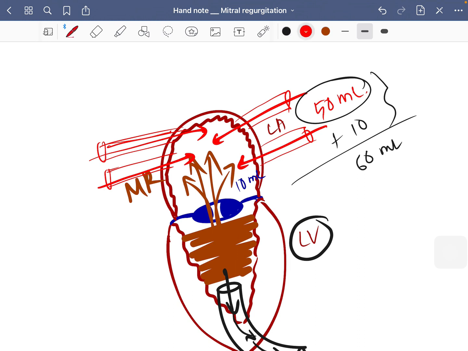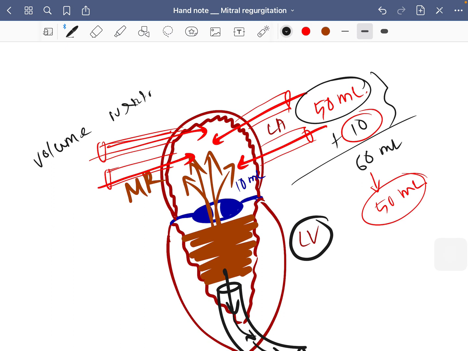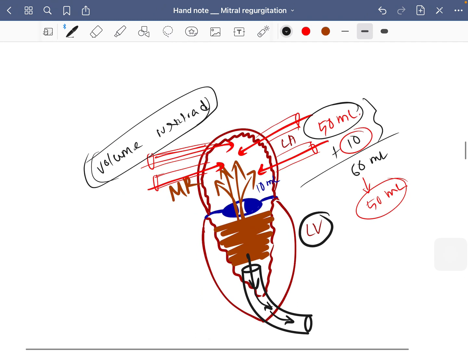But it should be only 50 ml; the 10 ml is extra. That means during mitral regurgitation our left atrium will face volume overload, because it is getting an extra amount of blood that it shouldn't in a normal situation.